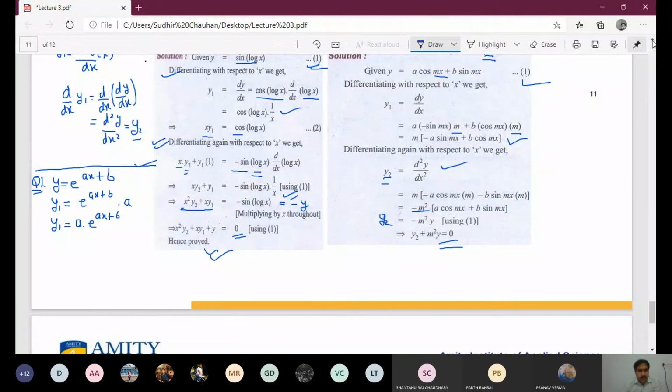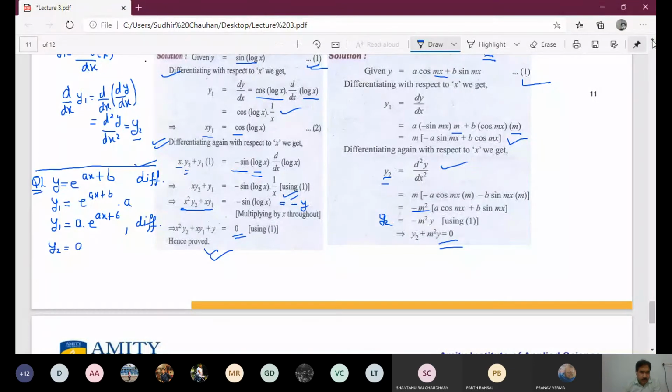Now again it is differentiable, right? So we can differentiate again. Here we have differentiated, and then again we are differentiating. So again it is differentiable, we get y2, that is the second order derivative.